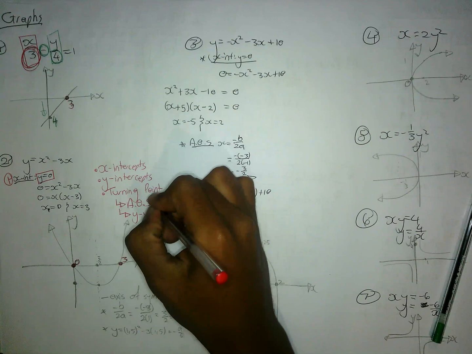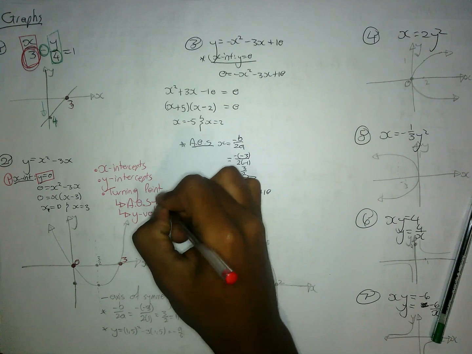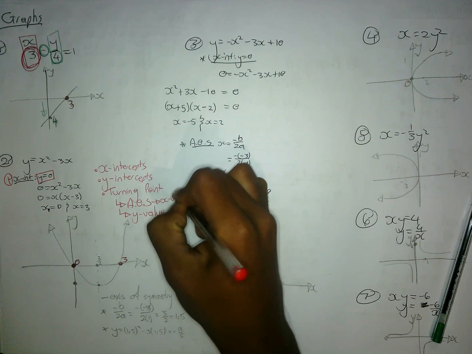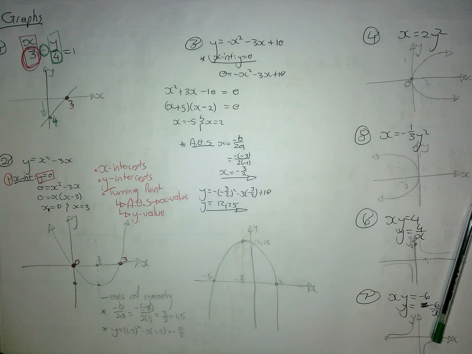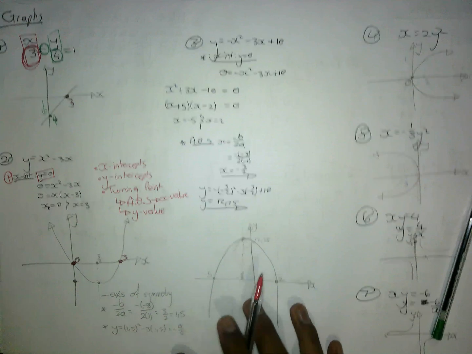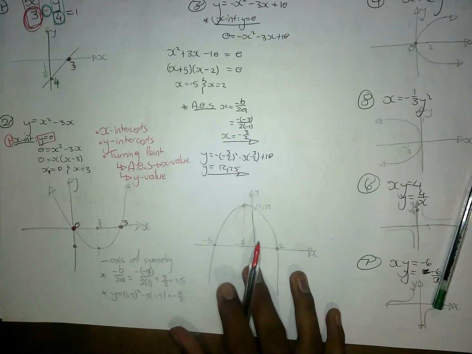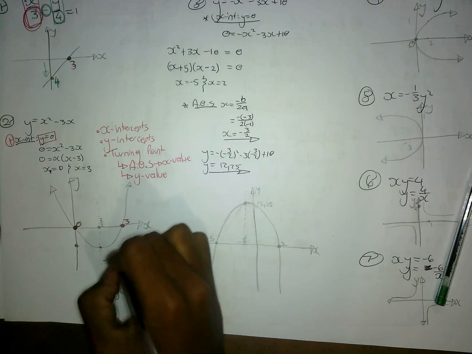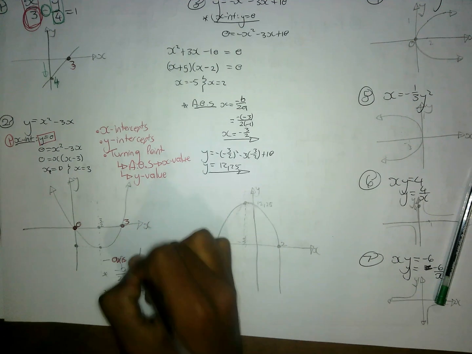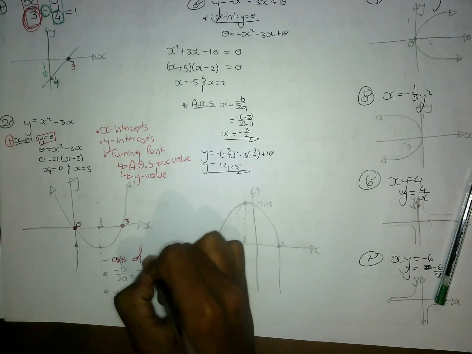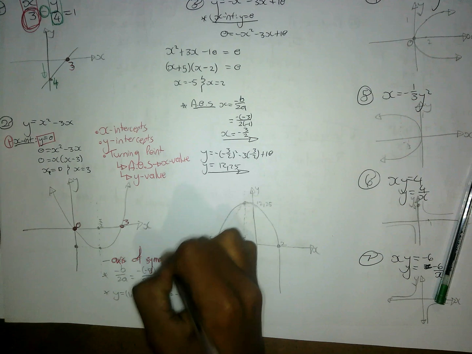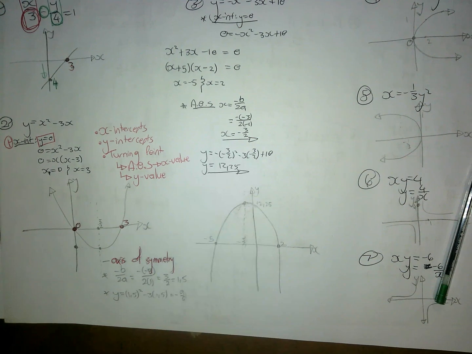Our axis of symmetry is our x value, just so you know. So here we have it, at the bottom, this is our axis of symmetry.